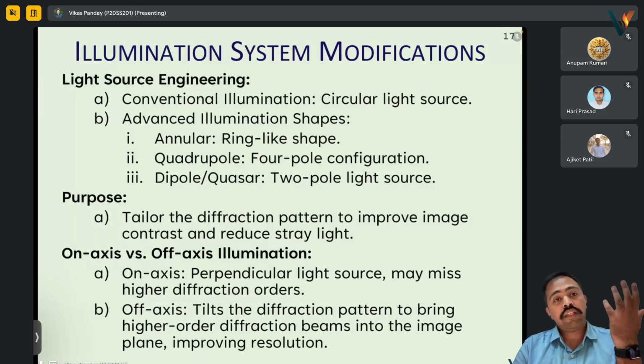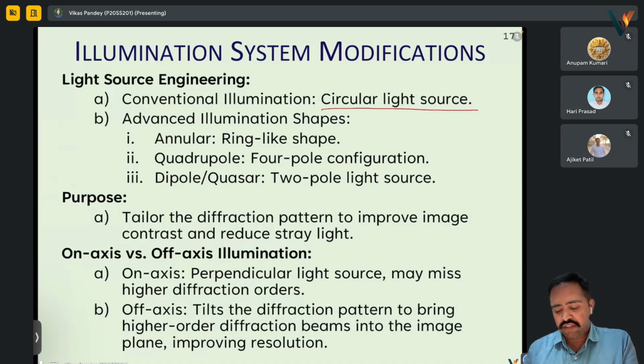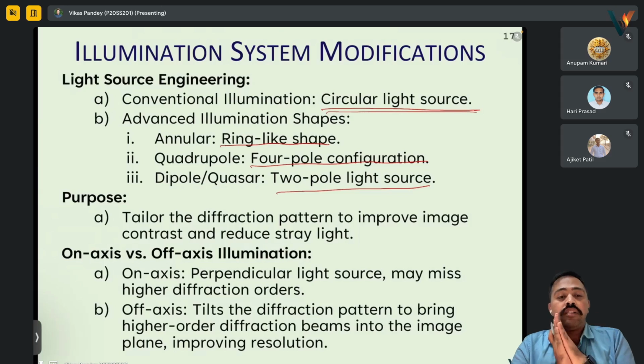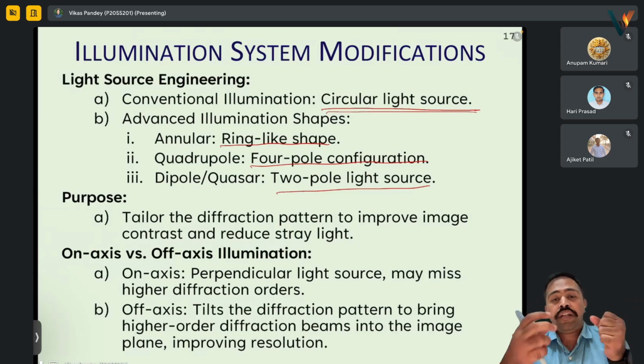Then second is light source engineering. Conventionally we had a circular light source. Now to improve the resolution, there can be things like ring-like shape, four-pole configuration, and two-pole light source. What they do is tailor the diffraction pattern.